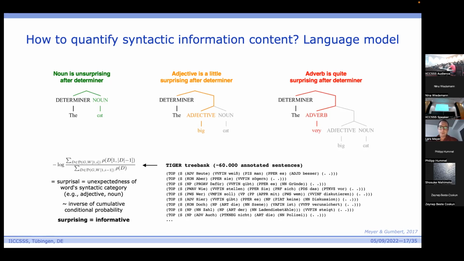And that gives us the ability to also annotate the stimuli in our study based on that. So we can parse them essentially, and for each of the words, calculate how expected the word class is. So we can quantify the amount of information that each word is bringing to the sentence, and thereby make a prediction on the syntactic labor that you need to do.